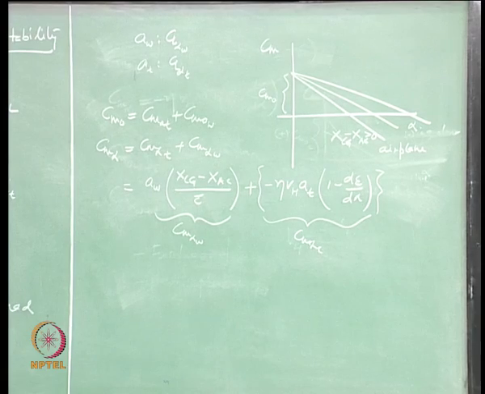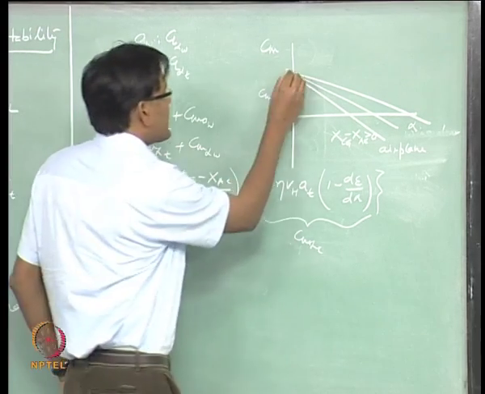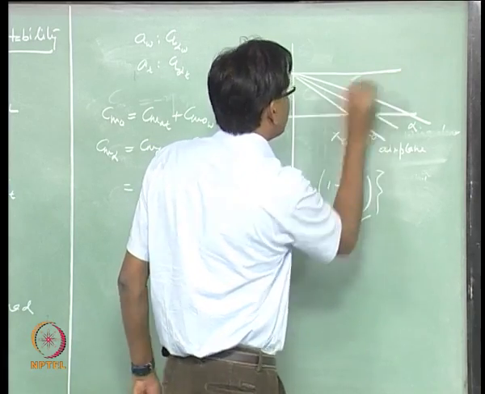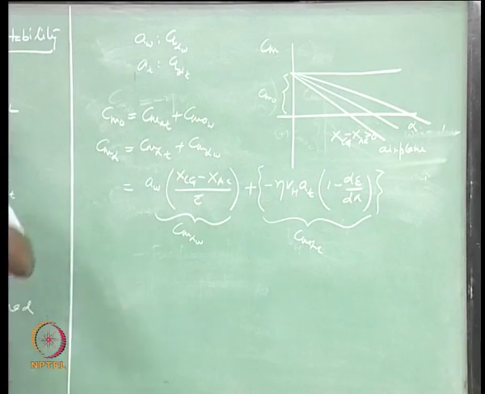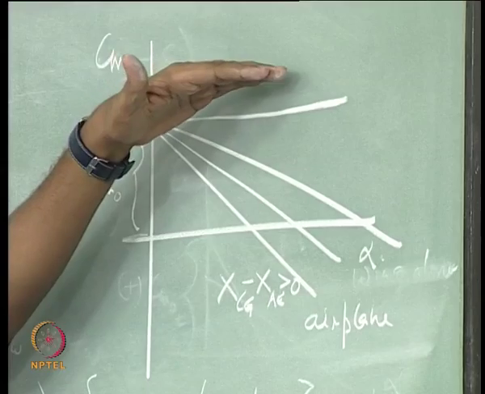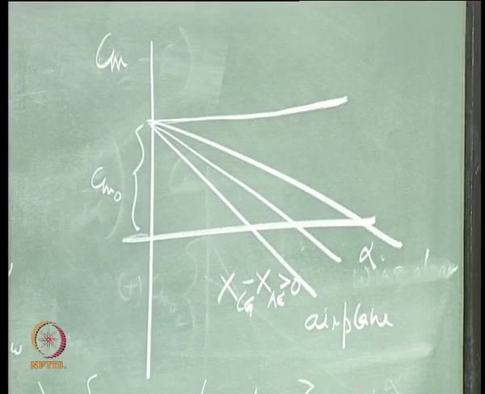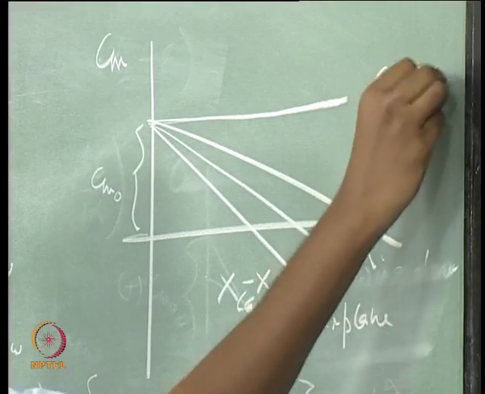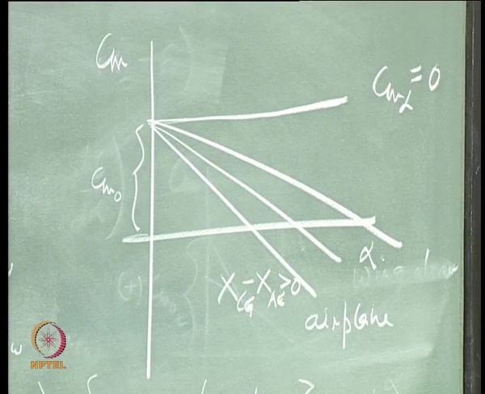There will be one point at which this curve will become flat. And what is the Cm alpha for this flat curve? 0, right. So, Cm alpha becomes 0 at this point, and this I have achieved only by moving the Cg.